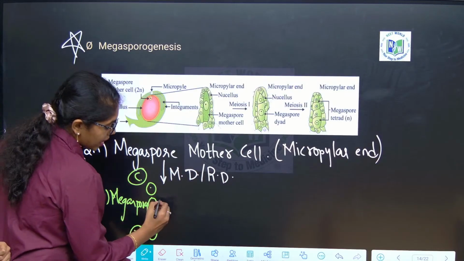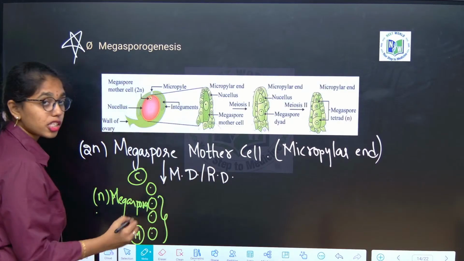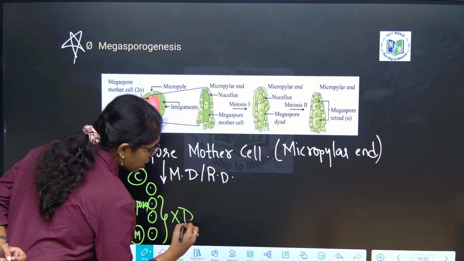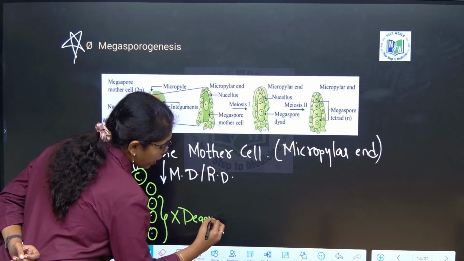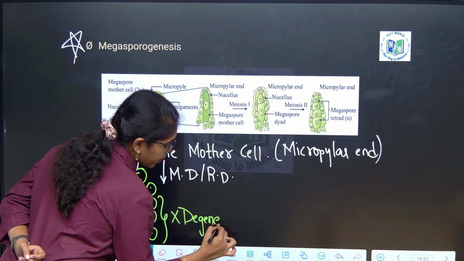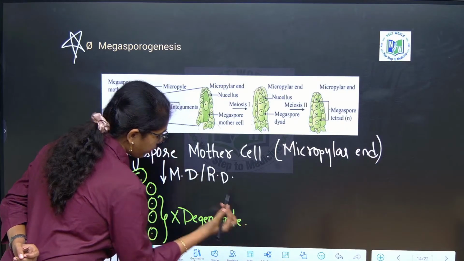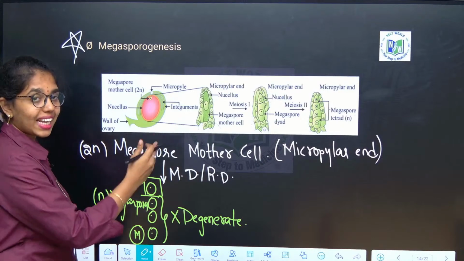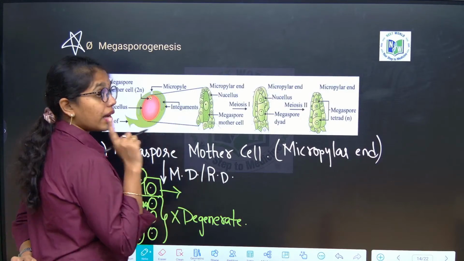Remember, of these haploid megaspores, the 3 at the micropylar end will degenerate. And one cell which is close to the chalazial end is functional. Remember that.